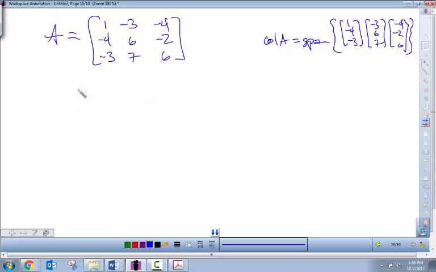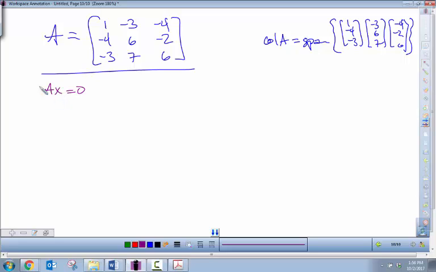Actually, let's do that in the spirit of solving for Ax equals 0. So essentially, let's find the null space.